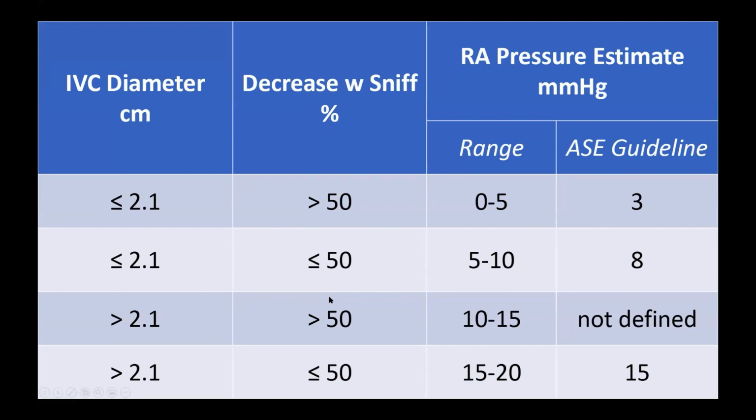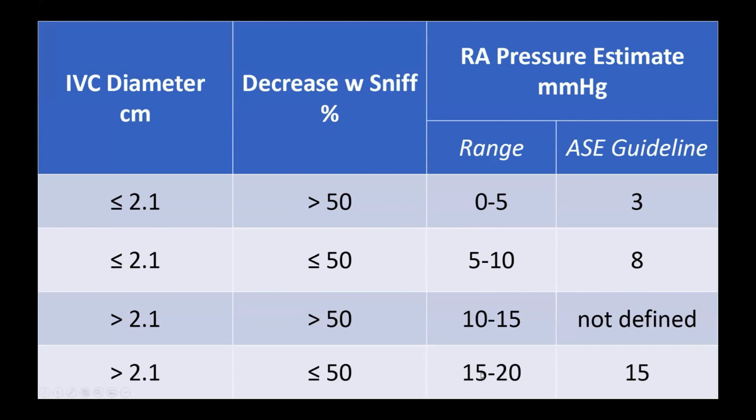But this is the table that's suggested by the American Society of Echocardiography, using an absolute size or diameter of the IVC during end exhalation, so at rest, when you're not exerting any pressure, abdominal or thoracic, and then looking at the percent change with a sniff. And the sniff here is not defined as how strong of a sniff it should be.